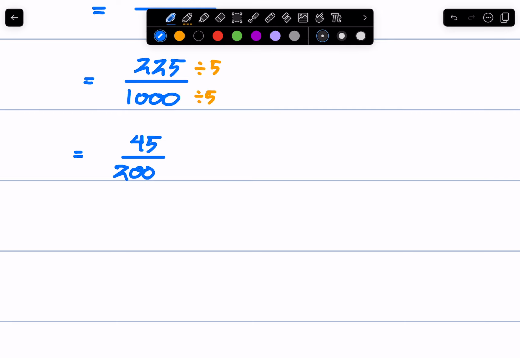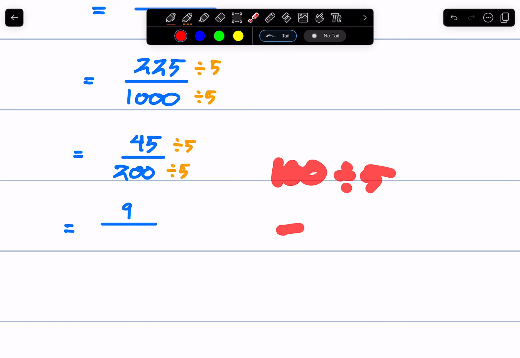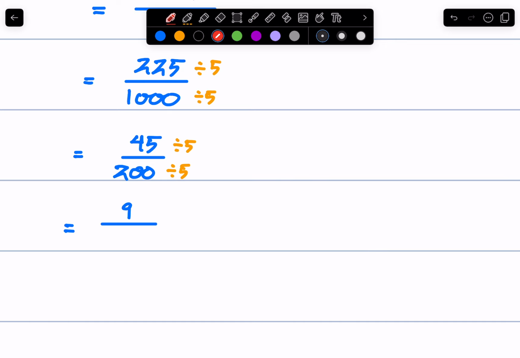This is actually not fully simplified. As I can see, we can divide both by 5 again. This one's a lot easier. 45 divided by 5 is just 9. 200 divided by 5, well, it helps in that 100 divided by 5 is, once again, 20, which means 200 divided by 5 has to be 40.